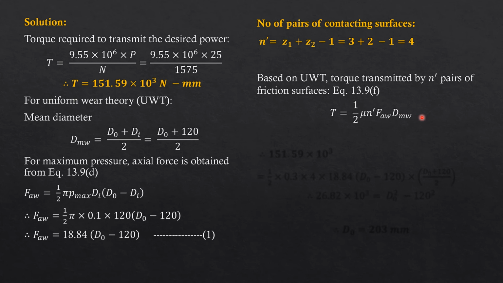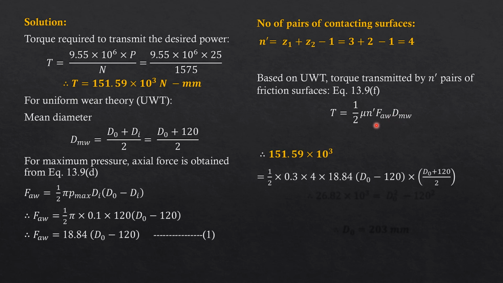Now, you know the torque already. You know that torque is equal to 151.59 into 10 power 3. Therefore, substitute the value of torque in this equation and solve for dO. dO will be part of both axial force as well as mean diameter. Therefore, substituting the torque, if you see here, there is only one unknown in this equation, which is the outer diameter dO.